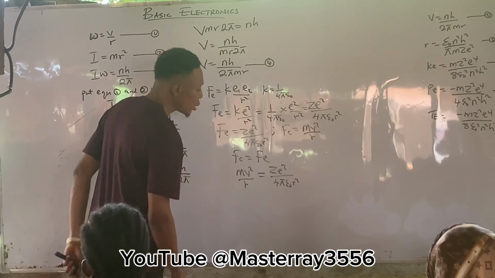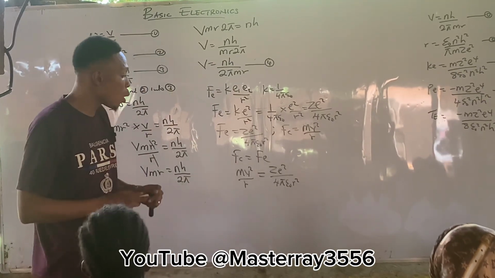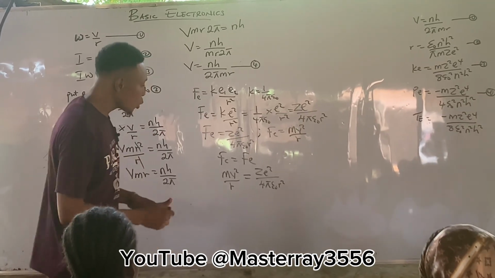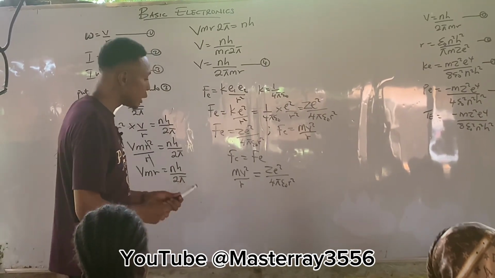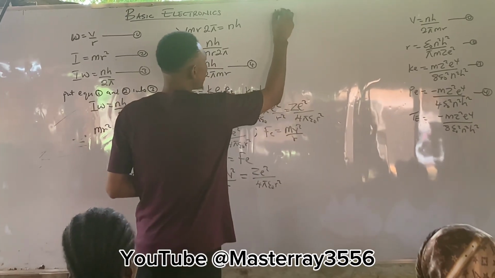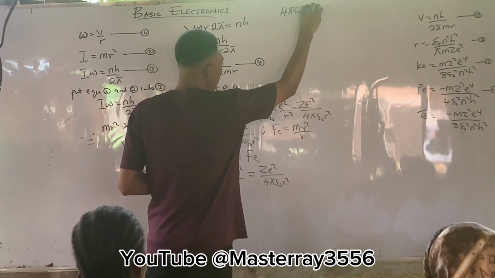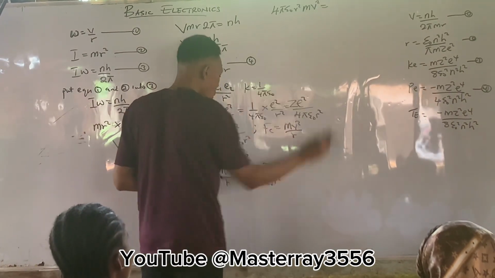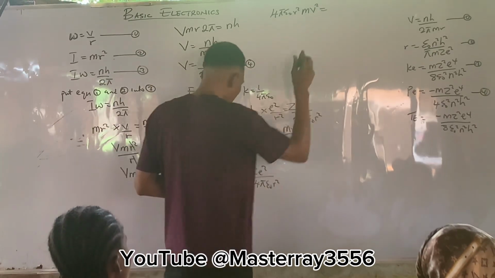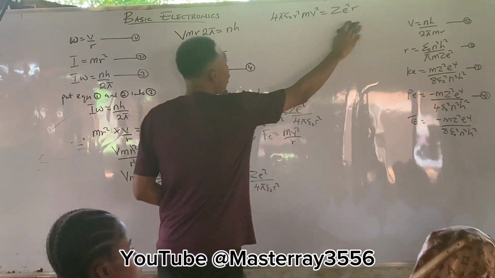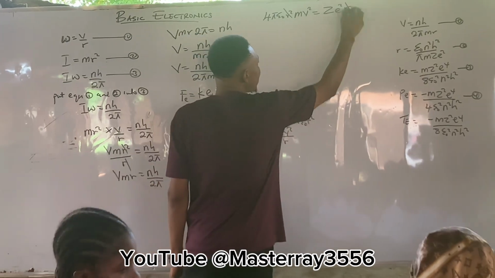r², right? What are we looking for? We are looking for the radius, right? Then before that, what do you do? Cross multiply. Are you following? Yes. If you cross multiply, we are going to have 4πε₀r² times mv², equals Z²r. So from there, this can cancel out this, right?